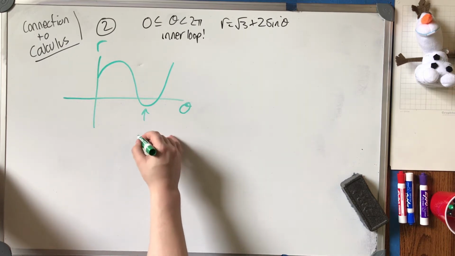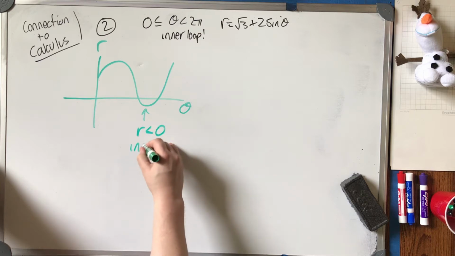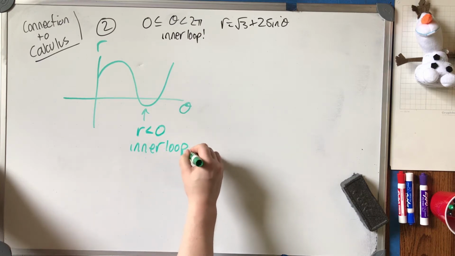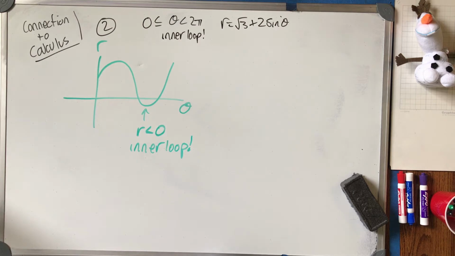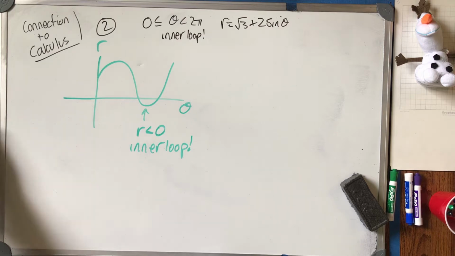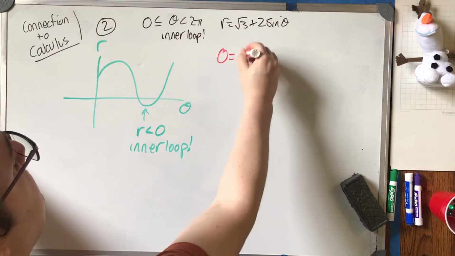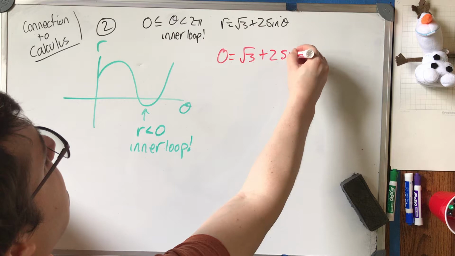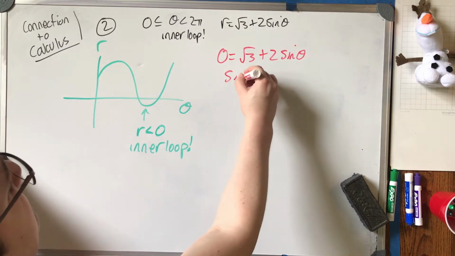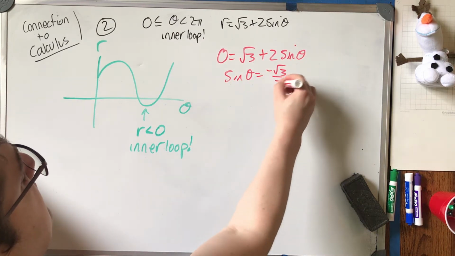So the values where r is less than 0, those always form the inner loop when we're talking about these things. So if I can just figure out when r equals 0, I can then use that to help me figure out when it drops less than 0. So I'll just set r equal to 0, so I get square root of 3 plus 2 sine theta equals 0. So that's sine theta equals negative square root of 3 over 2.